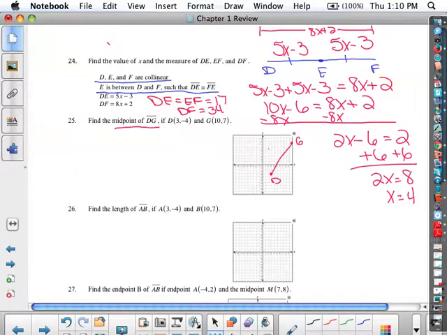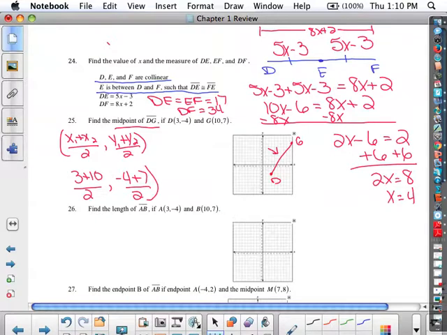And so I'm looking for the midpoint of this line. Midpoint formula, remember, is x1 plus x2 over 2 and y1 plus y2 over 2. So I have 3 plus 10 over 2 and minus 4 plus 7 over 2.